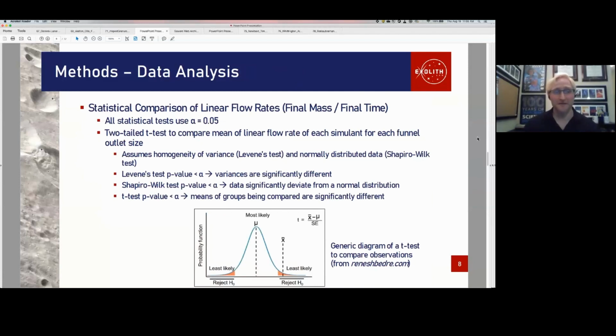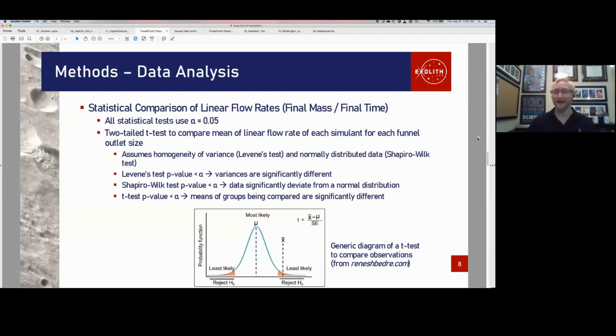Once we have this data, we are going to be comparing these mass flow rates of LHS1 and LMS1 with a two-tailed t-test that compares the means of the flow rates for each respective funnel size. So this means that data for LHS1 and LMS1 for the 25 millimeter funnel will be compared, the 30 millimeter funnel for LHS1 and LMS1 will be compared, and so on.